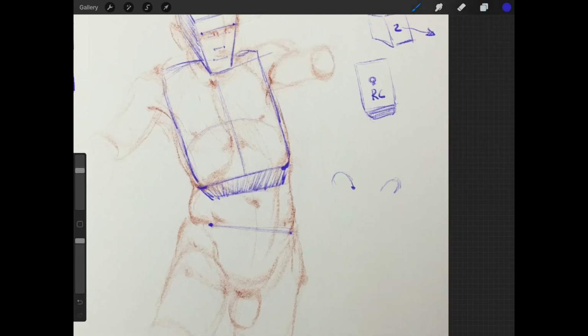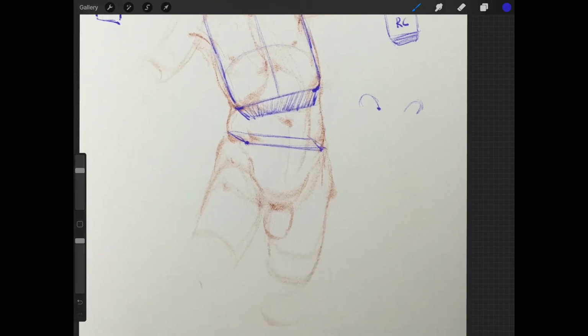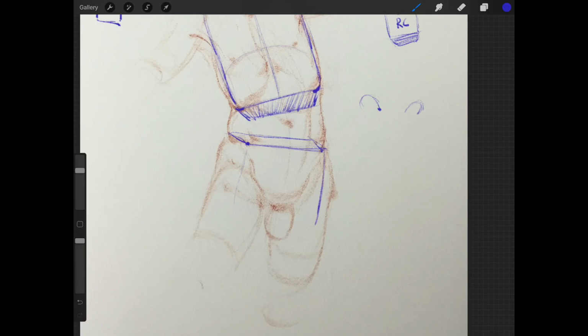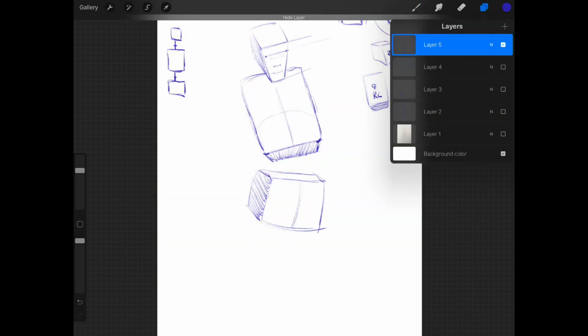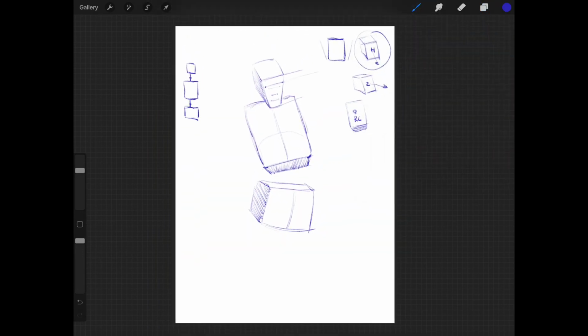what we can do here is, on our new layer, do that box over again. We're looking down at this pelvic box like so, and giving that side plane shading again. Okay, here's our center line coming down here. So again, looking at our three boxes, you can see this one is faced in a much different direction.